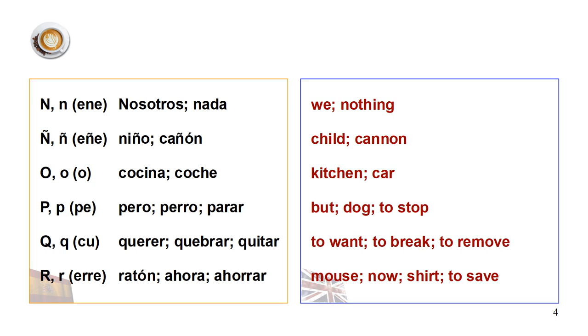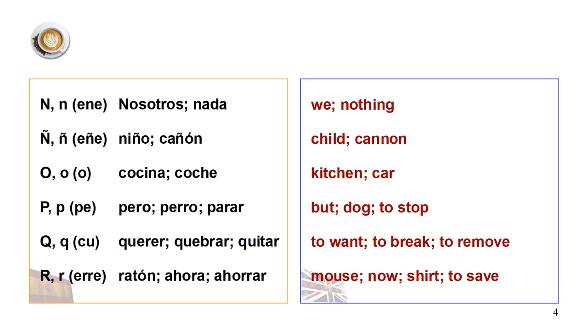Ahora. You see, in ahora, which means now, the R is not rolled. So it is softer. It is just one D, not several. Ahora. Then we have the verb to save, which is ahorrar.